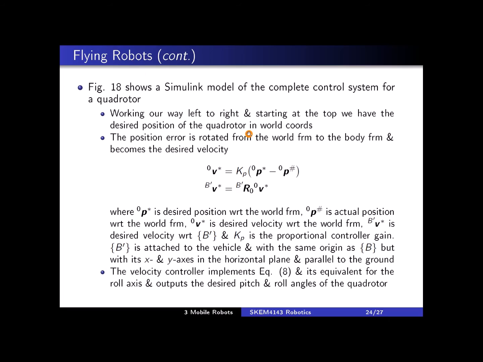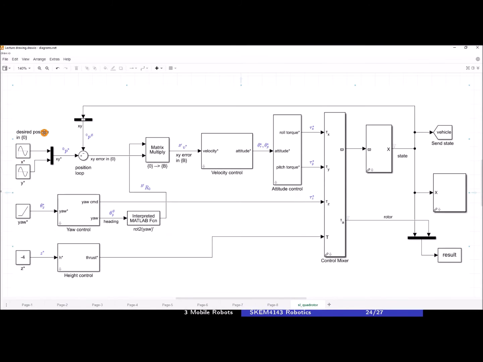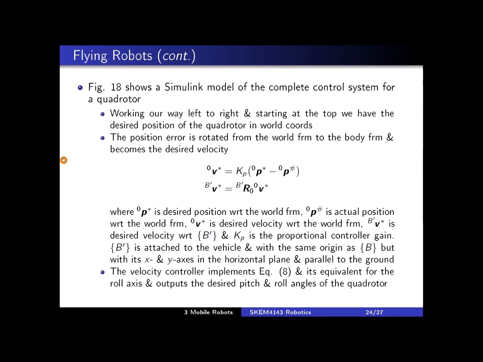So let's start with the first one. This is the position controller. If we look at our model, the position controller sits here. The input to our position controller is the actual x and y position, and this is the desired x and y position.